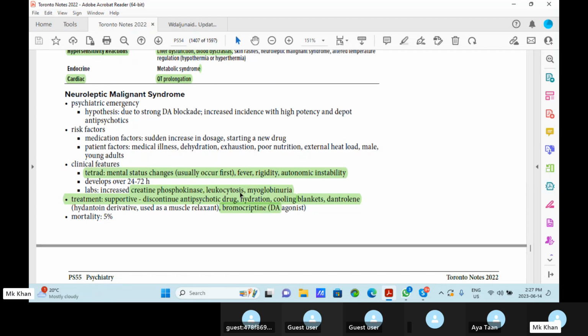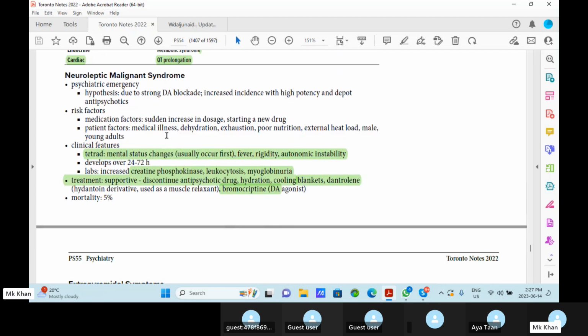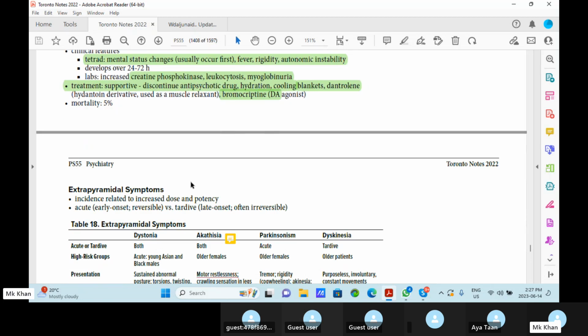Then they give all the conditions like serotonin syndrome, malignant hyperthermia, or neuroleptic malignant syndrome. So the main clue is that the patient was on an antipsychotic and has fever, rigidity, and these symptoms. And also sometimes they mention creatine phosphokinase is raised. So these two or three clues are directing toward neuroleptic malignant syndrome.